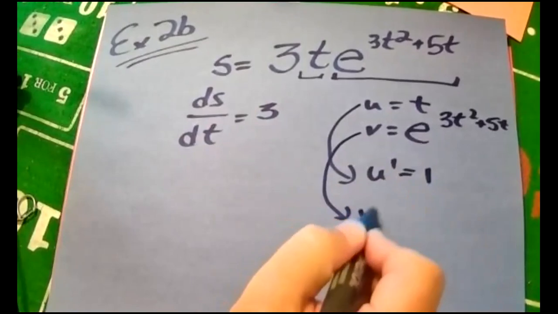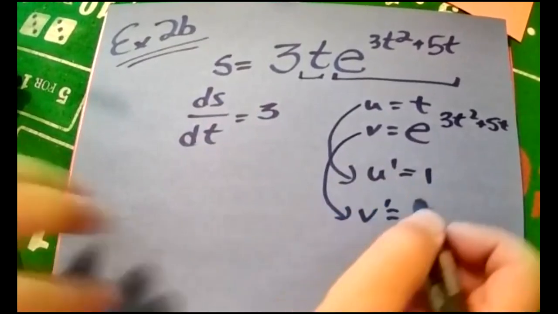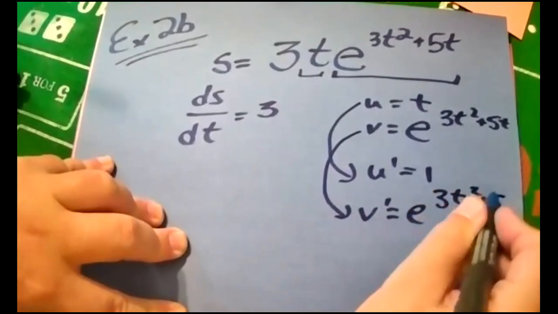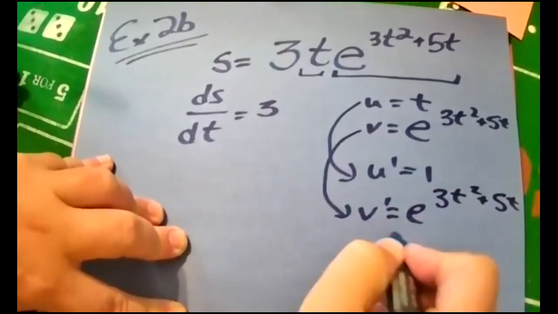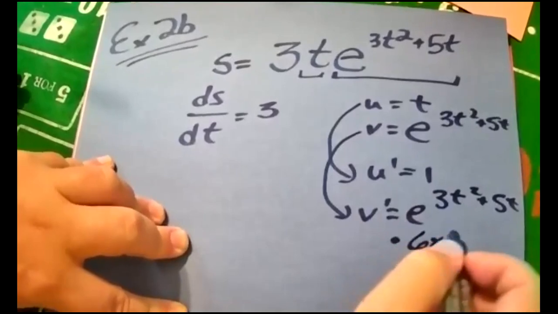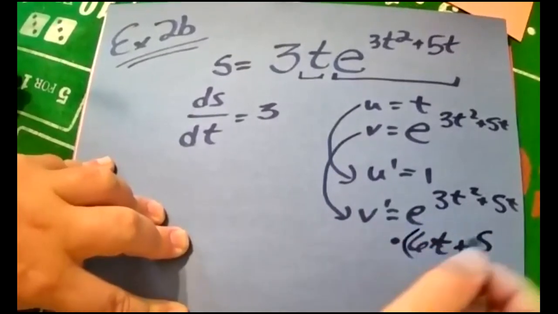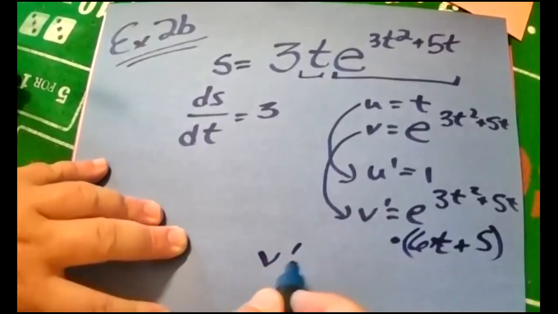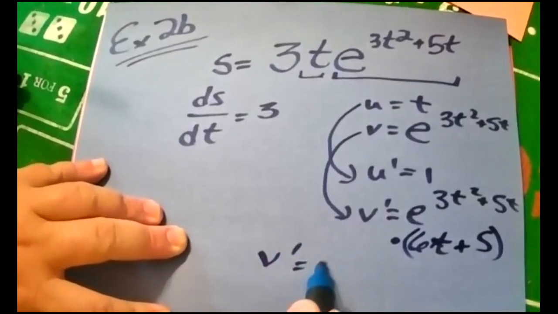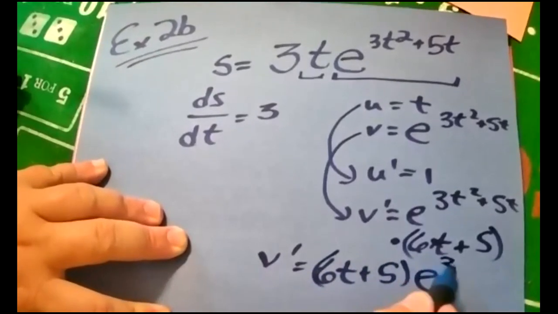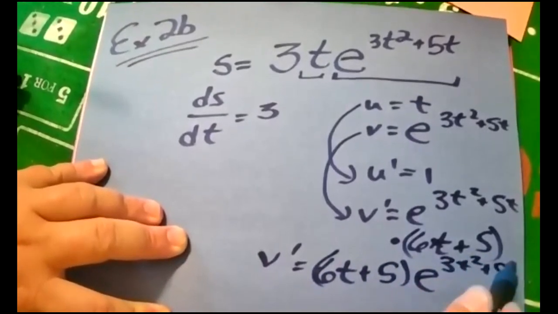And furthermore, the derivative v prime is going to be just what you're looking at there, e to the 3t squared plus 5t. But don't forget to multiply by the derivative of what's inside, which this time is 6t plus 5. Making v prime this long, complicated expression, 6t plus 5 e to the 3t squared plus 5t.